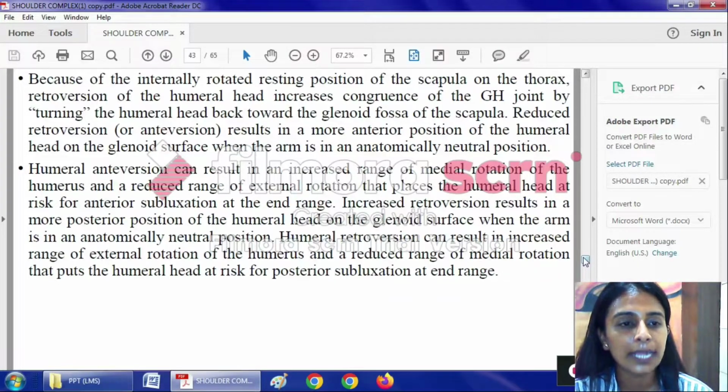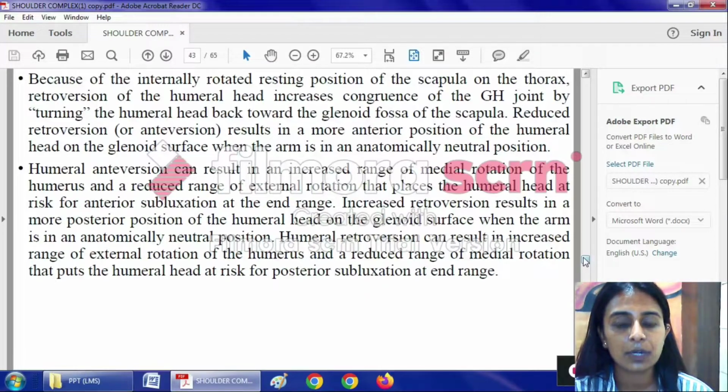Humeral anteversion can result in an increased range of medial rotation of the humerus and reduced range of external rotation that places the humeral head at risk for anterior subluxation at the end range.